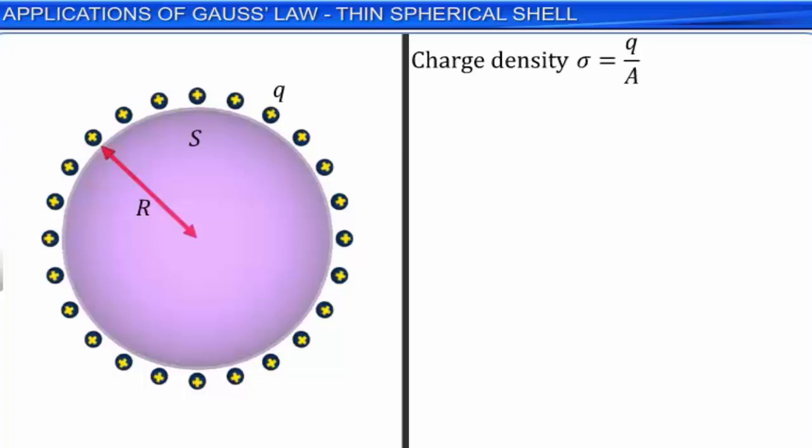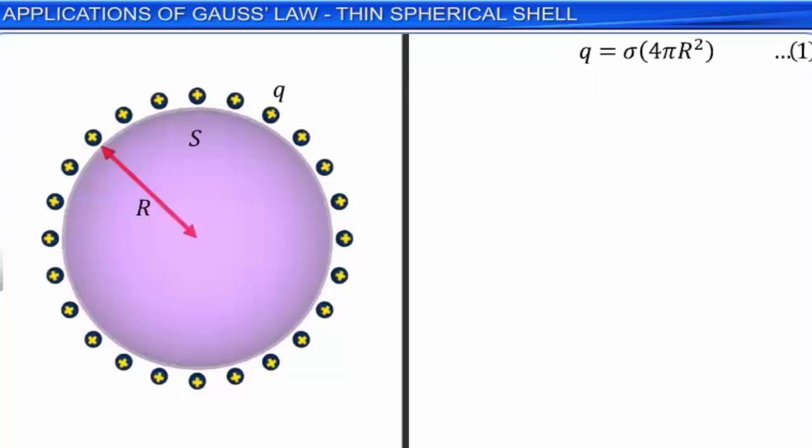This can be rearranged as Q is equal to sigma A or Q is equal to sigma into 4 pi r square, since the surface area A of the spherical shell is 4 pi r square. Let this be equation 1.